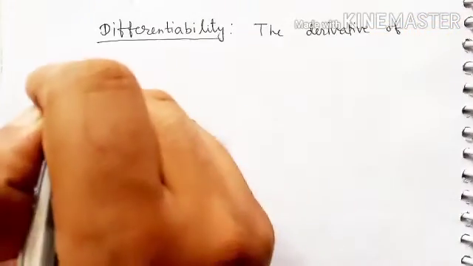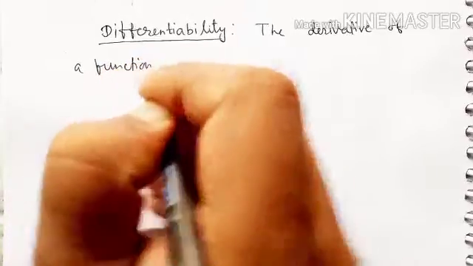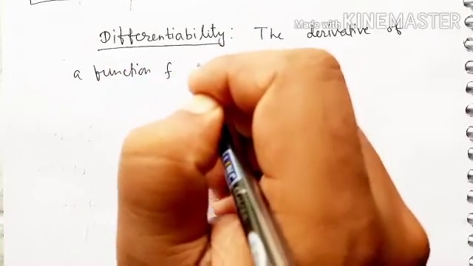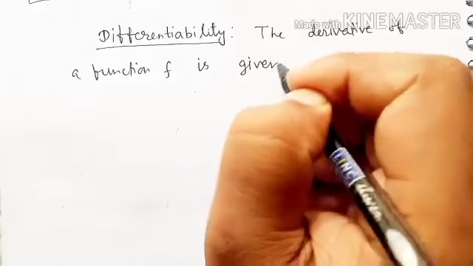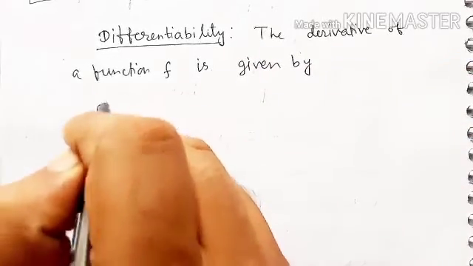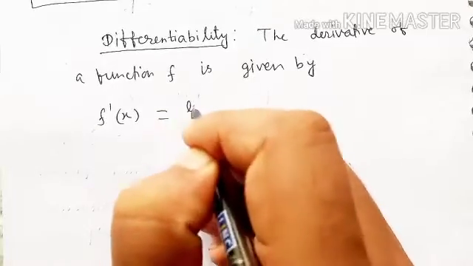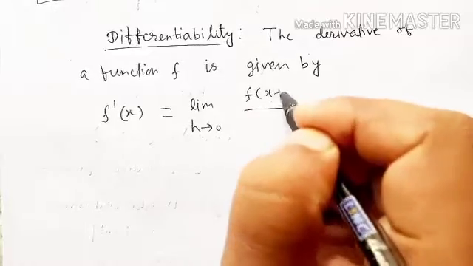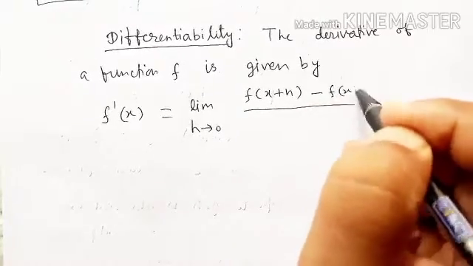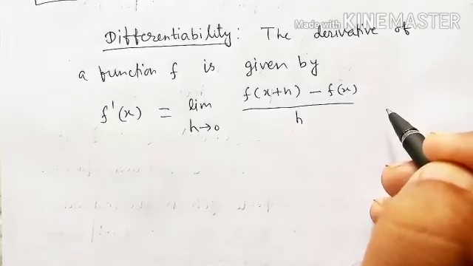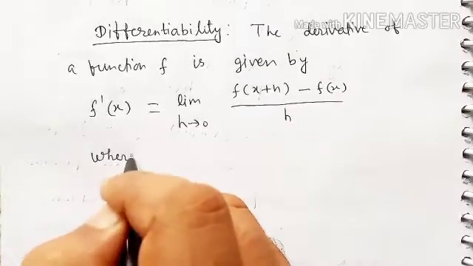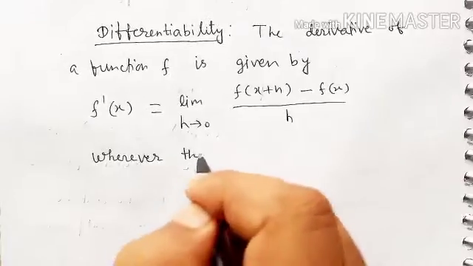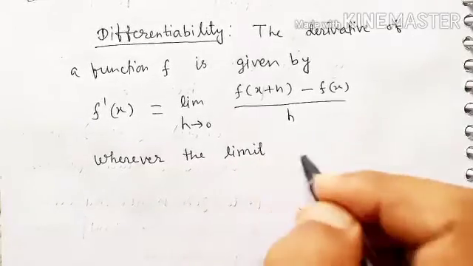The derivative of a function f is given by f dash x is equal to limit h tends to 0, f of x plus h minus f of x by h, wherever the limit exists.